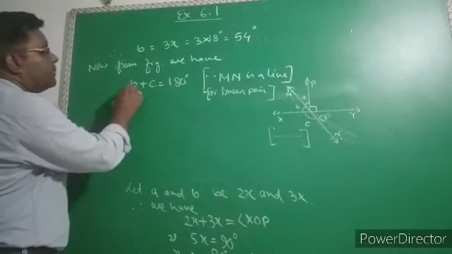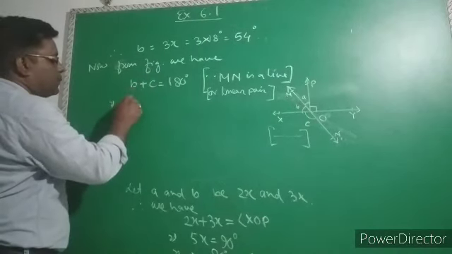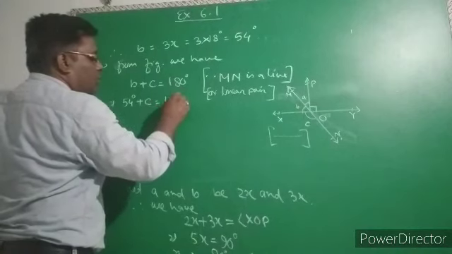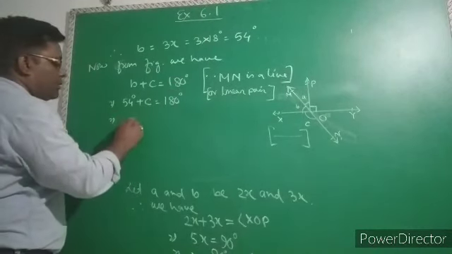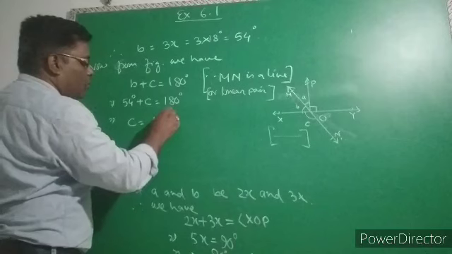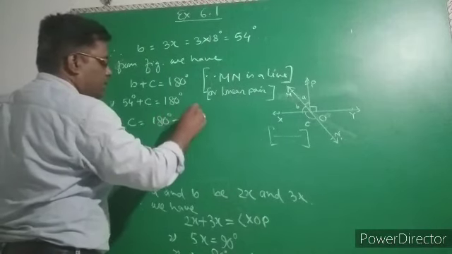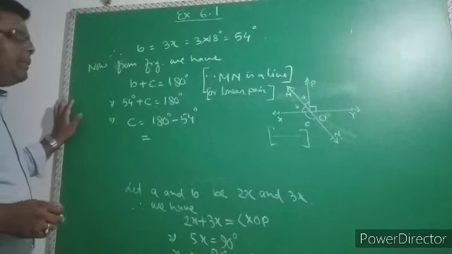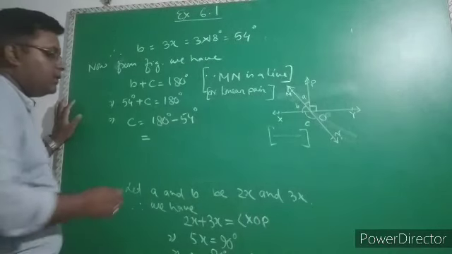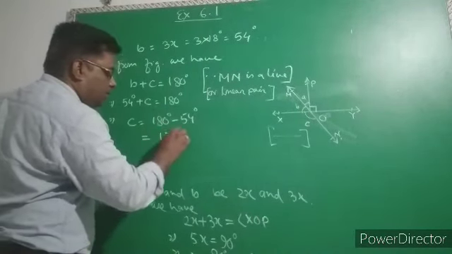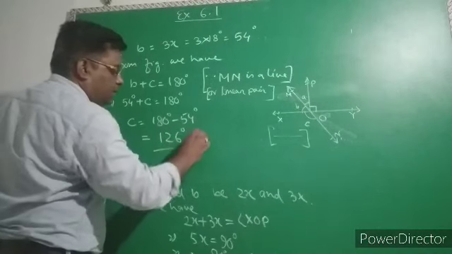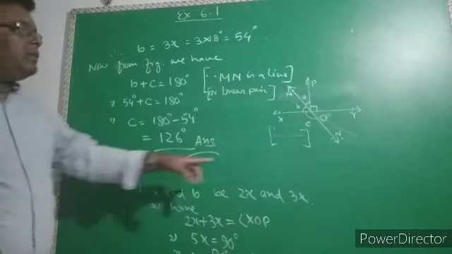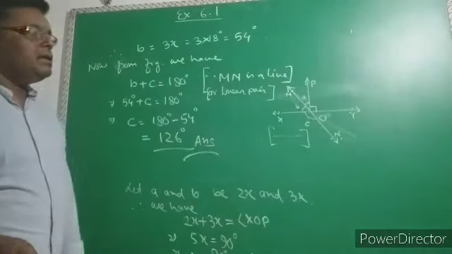So this implies B equal to 54 degrees plus C is equal to 180. Now C is equal to 180 degrees minus 54 degrees. So when we subtract 54 from 180, we get 126 degrees. So this is the answer. You get the value of C here.